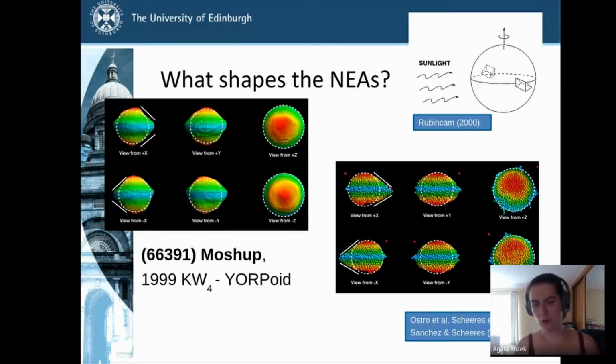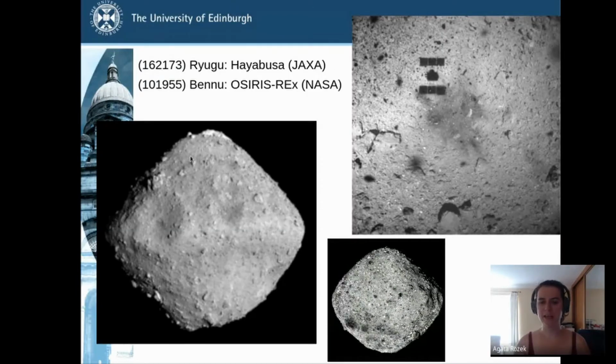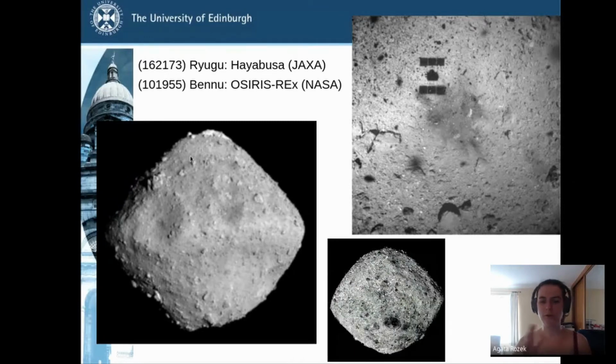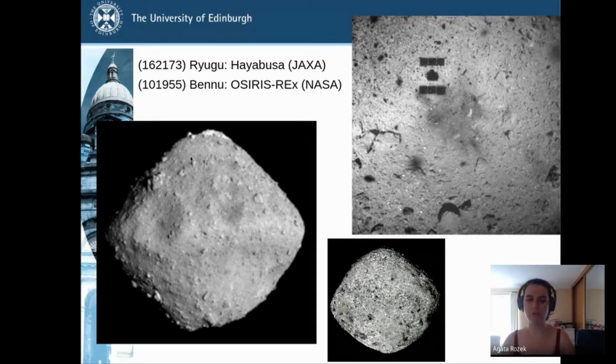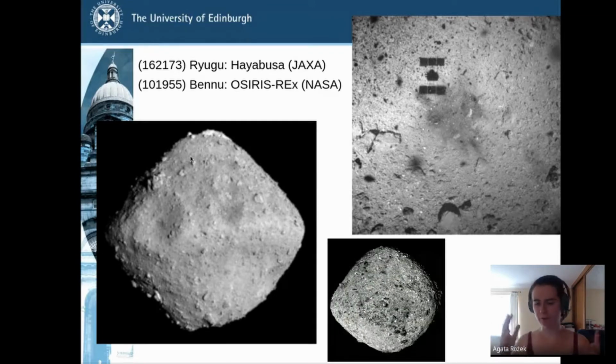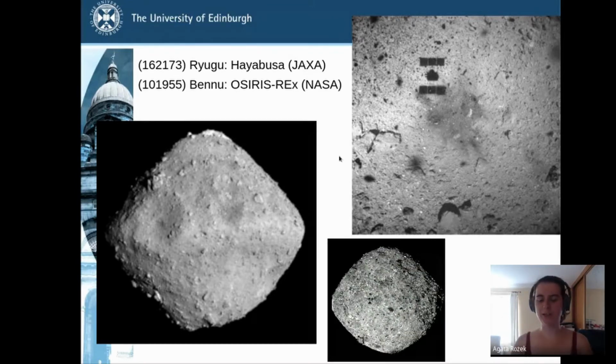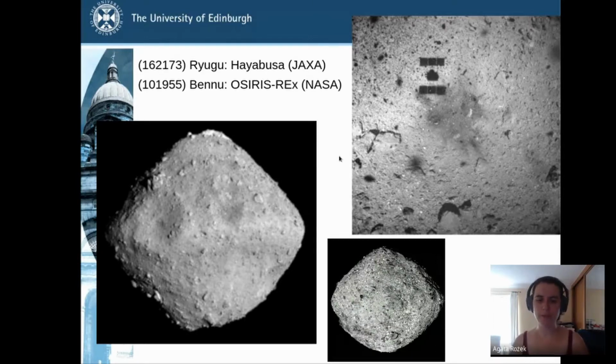And here in the lower right, it's a numerical simulation of how this process of spinning up the asteroid and changing the shape works. And we can see that the shape is strikingly similar to what we actually observe with this asteroid. And this shape is actually quite popular among the near-Earth asteroids. So here are three pictures from two spacecraft missions to two near-Earth asteroids.